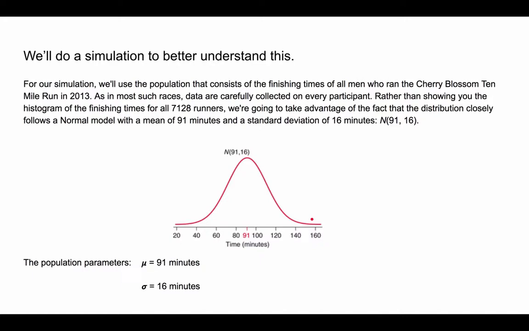What we found is that the mean time is 91 minutes for the entire population, so we're using mu to represent that, and that the standard deviation was 16 minutes. Remember, standard deviation represents spread, so it's how far from 91 typically our running times are, and that is 16 minutes.